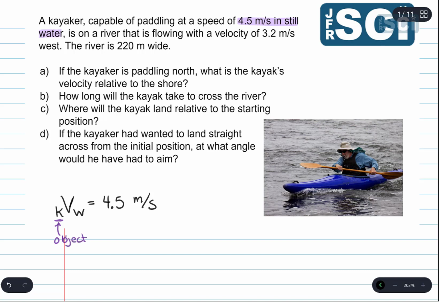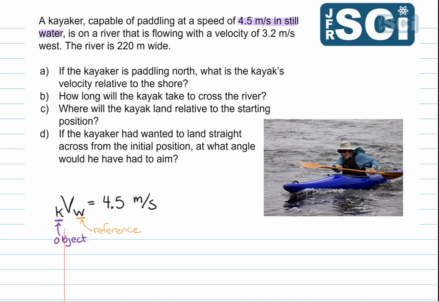So in this case, it's the kayaker. And then on the right-hand side, this W, the variable on that right side is the reference. So the kayaker's speed relative to the water is 4.5 meters a second.